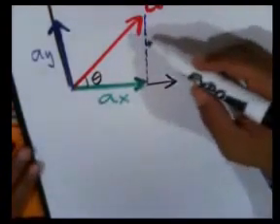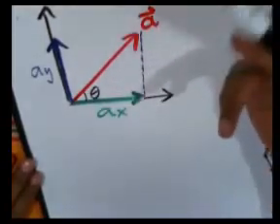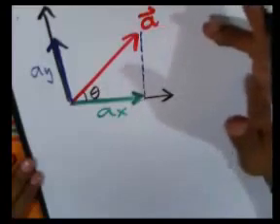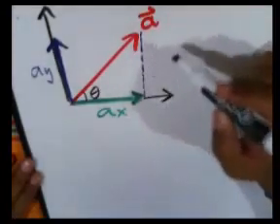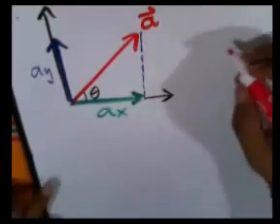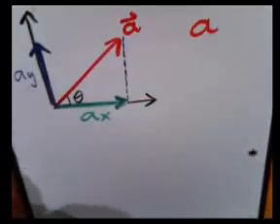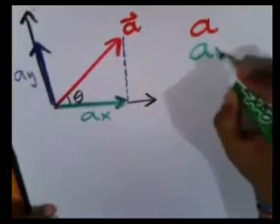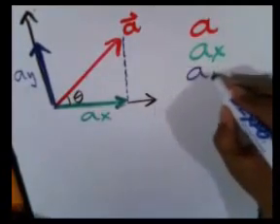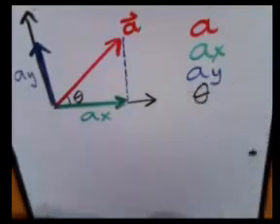Okay, I'm not gonna give values to any of this, right? I'm just going to work with the symbols to give you a more general way of doing it. Later on, when we're working on specific examples, you will be actually putting numbers into all those things. But right now, I'm going to just work with the symbols A for the magnitude of the vector, AX for the value of the x component of the vector, AY for the value of the y component of the vector, and theta for the angle itself.